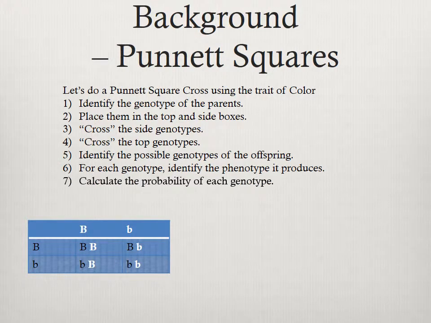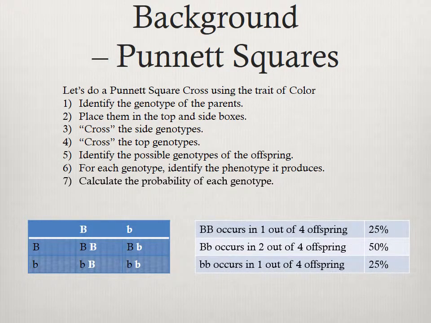Now we're going to calculate probability. Going back, we had big B, big B in 1 box, big B, little b in 2 boxes, and little b, little b in 1 box. Big B, big B occurs in 1 out of 4 offspring. That gives me a 25% chance that my puppy will be big B, big B. Big B, little b occurs in 2 out of the 4 boxes.